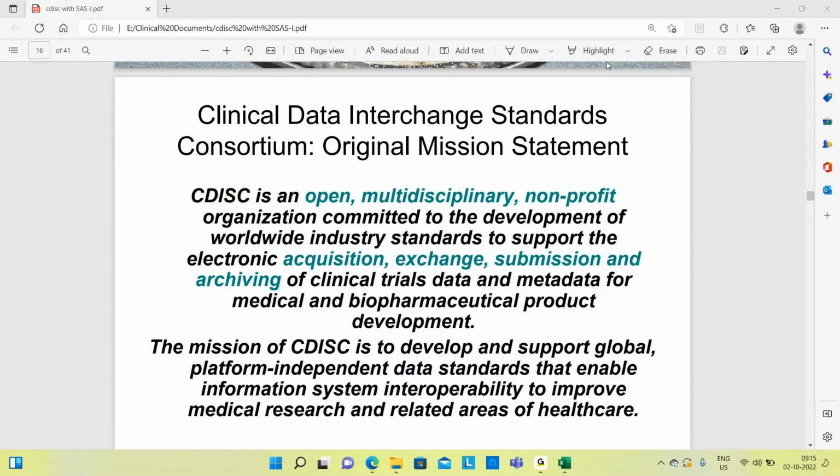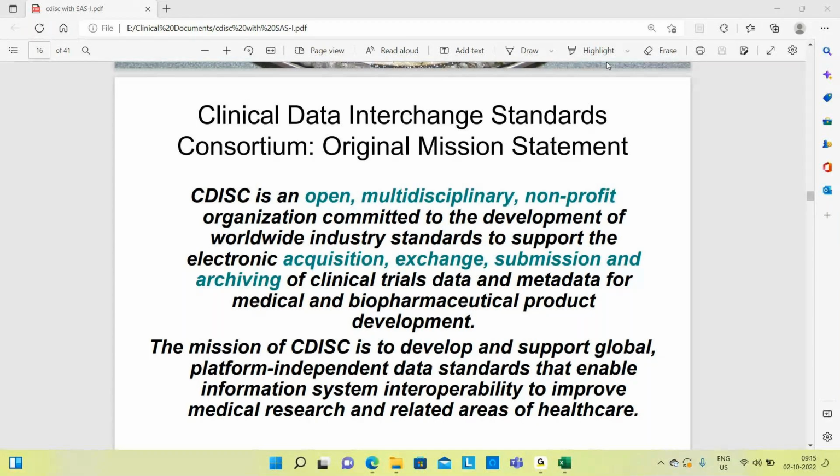The mission of CDISC is to develop and support global, platform-independent data standards that enable information system interoperability to improve medical research and other related areas of healthcare. This is exactly the CDISC functionality.